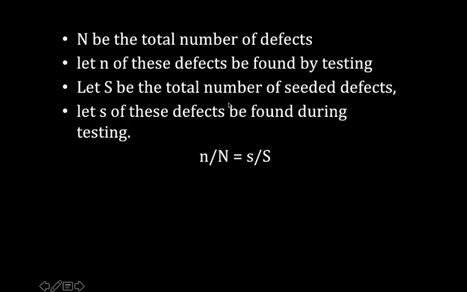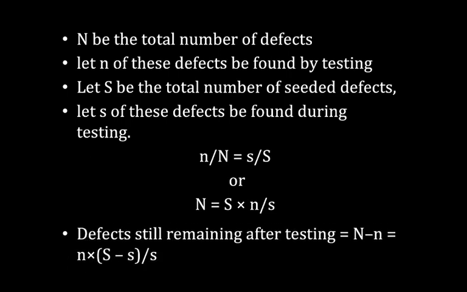So here n is the number of defects that can be found by testing, and N is the actual number of defects, and s is the seeded defects that are found during testing, and capital S is the total number of seeded defects. So we will try to find out this ratio, or we can calculate capital N, that is the total number of defects, as N = S * n / s.